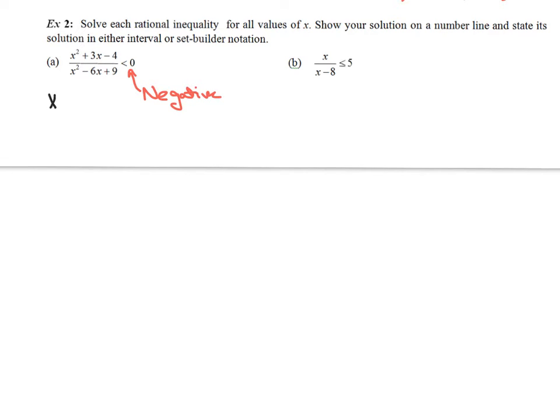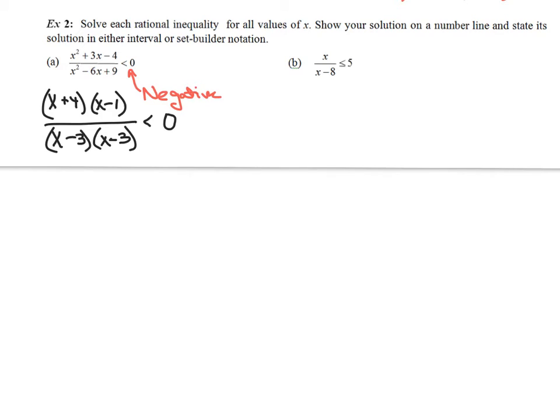So my numerator would be x plus 4 times x minus 1. My denominator, x minus 3 times x minus 3. And I would like that rational expression to be less than 0 or negative.